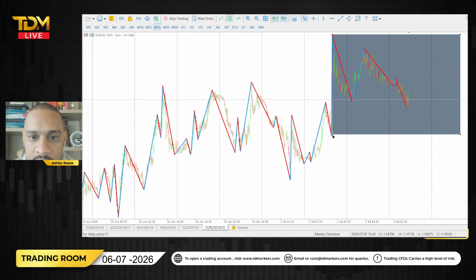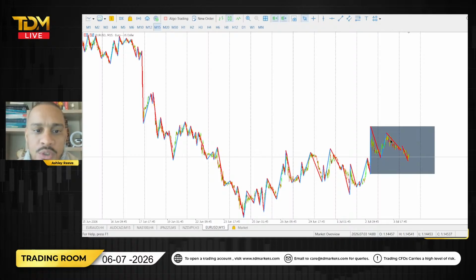Now this becomes such a short structure within the bigger one that we saw on the daily. It's very important for us to understand that because we're going to be moving up in our time frames now.